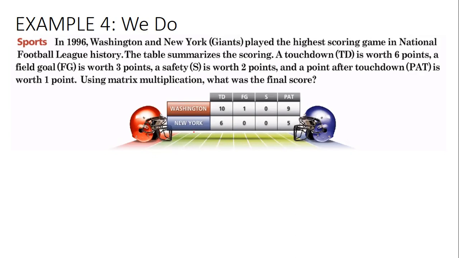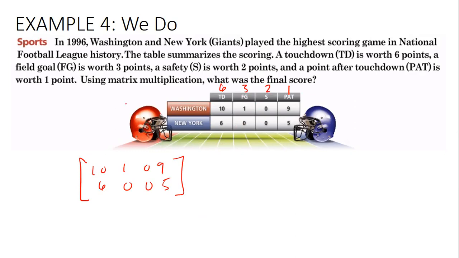So the first thing to do is we're going to convert this into a matrix, right? So here, we have a 2 by 4: 10, 1, 0, 9, 6, 0, 0, 5. We know there's values for each one of these. A touchdown is 6, a field goal is 3, a safety is 2, and a point after touchdown is 1.